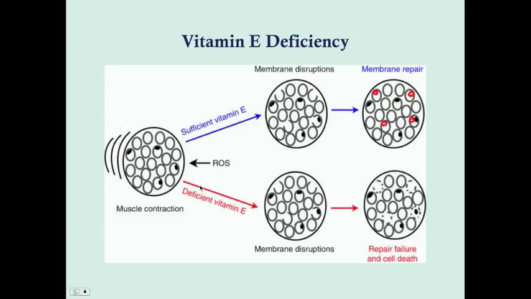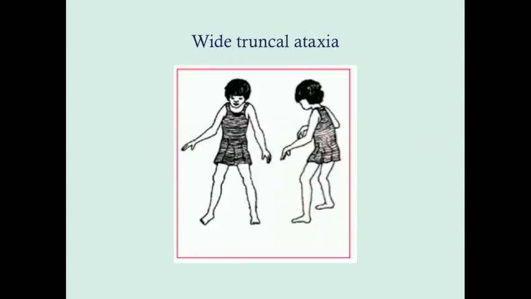But if there's deficient vitamin E, then you can get failure of repair. You're more susceptible to oxidative stress, and the cells can die. This is an example of that wide truncal ataxia that you can see in people who've been deficient in vitamin E for a long period of time.